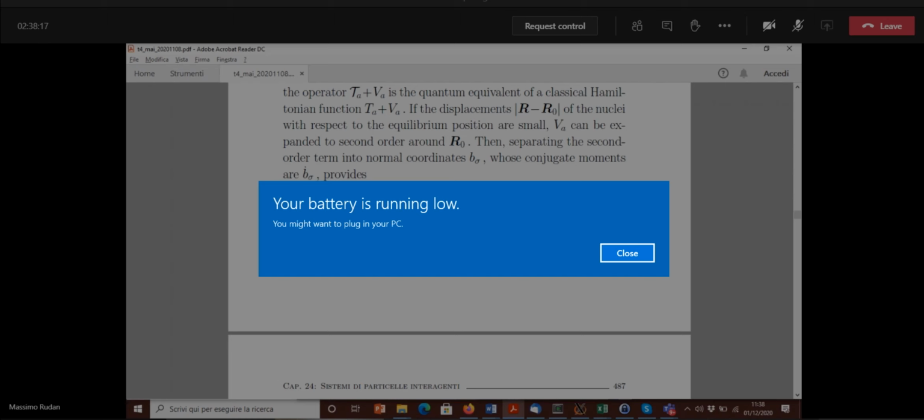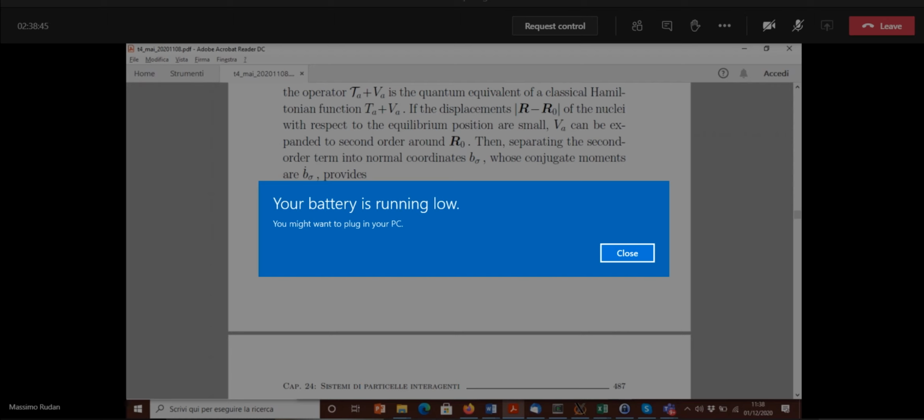The actual masses of the atoms have been embedded in the transformation of variables, okay, so they are not visible anymore. So this expression here is sufficient to proceed to the quantization of the solid.